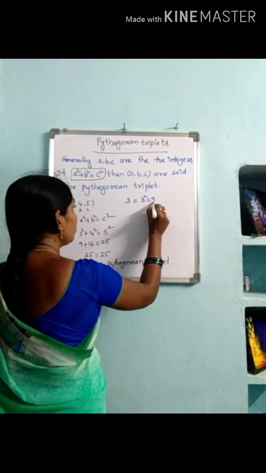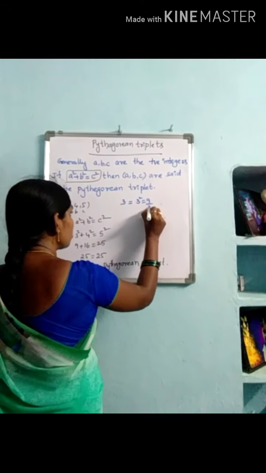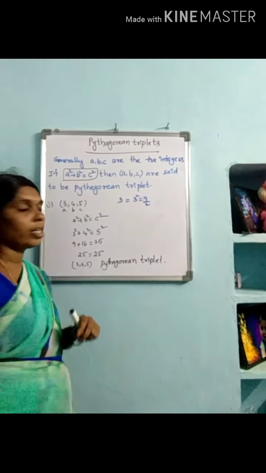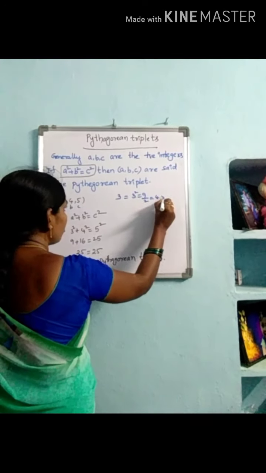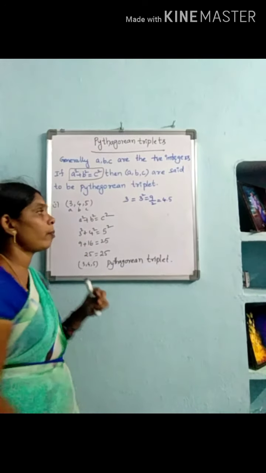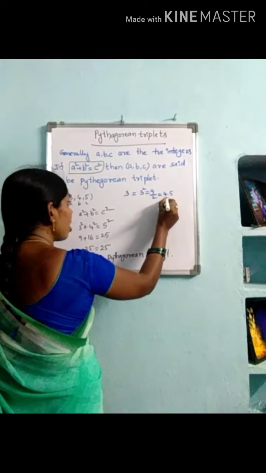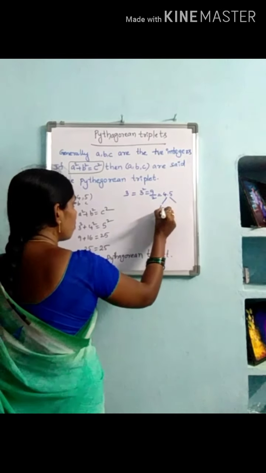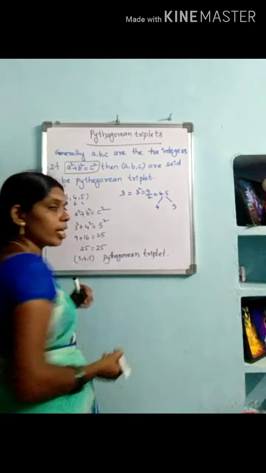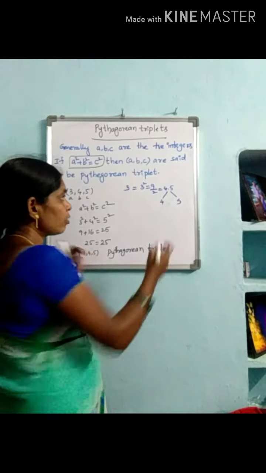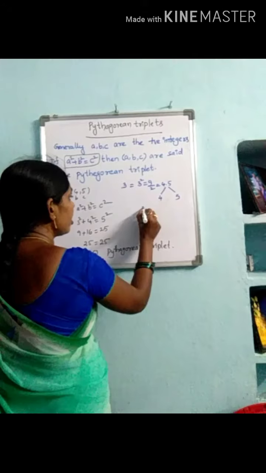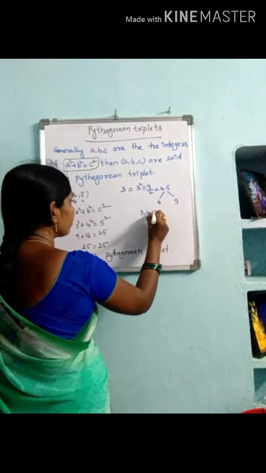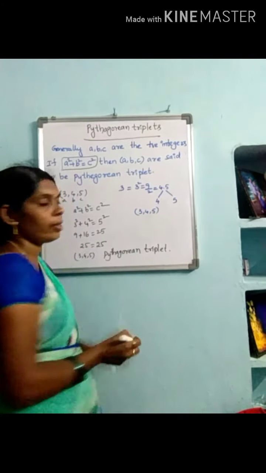We have to divide by 2. Then we get 4.5. Yes or no? This 4.5 lies between 4 and 5. So then 3, 4, 5 are Pythagorean triplets.